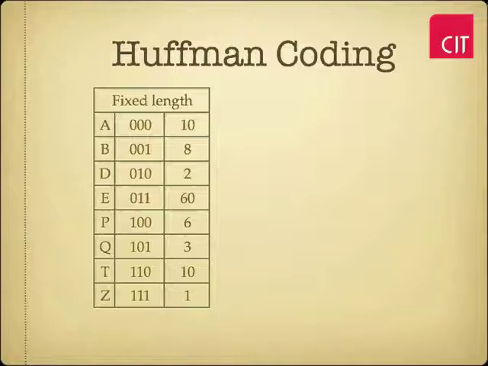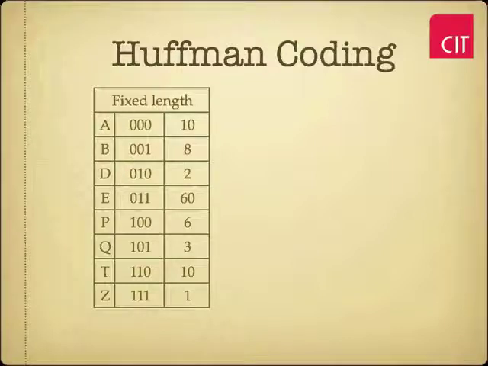So let's take a look at this simple language here that has only 8 characters in it. Since there are only 8 characters, we'd need to use only 3 bits to give each character here its own bit sequence. Now, in this language of 8 characters, some characters occur much more frequently than others. We can see here that there are 60 E's for every 1 Z, and there are 60 E's for every 10 T's.